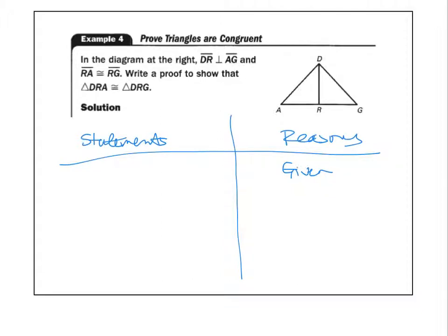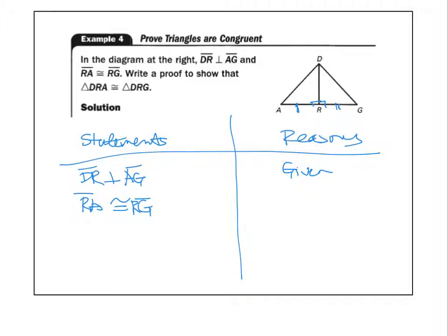We know that DR is perpendicular to AG, and RA is congruent to RG. So those are given.